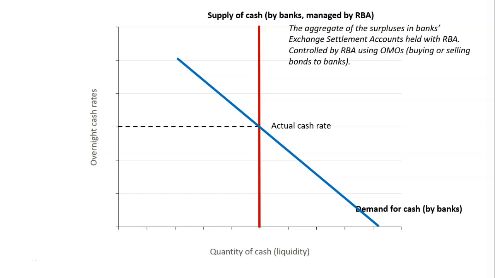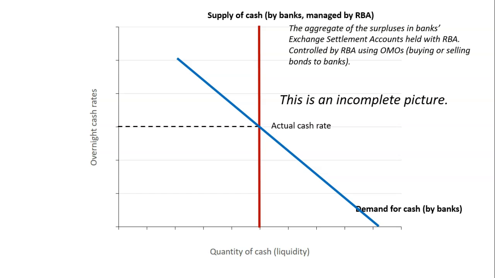Or it can decrease the amount of liquidity in the market by selling bonds to the private banks. The private banks relinquish liquidity in exchange, and therefore the supply of cash, the supply curve, shifts to the left and the actual cash rate rises.